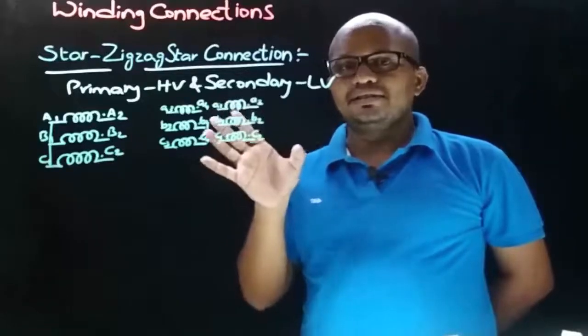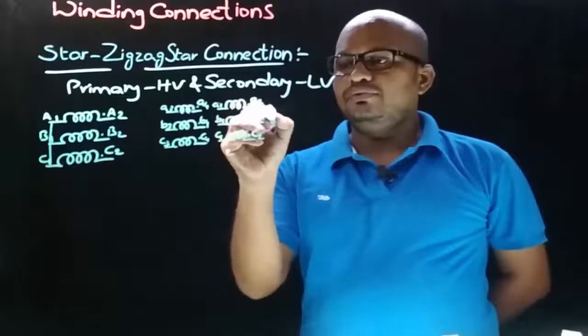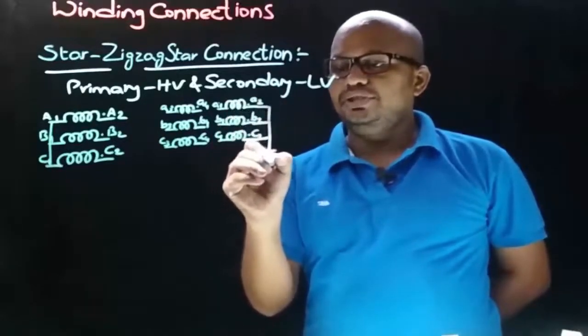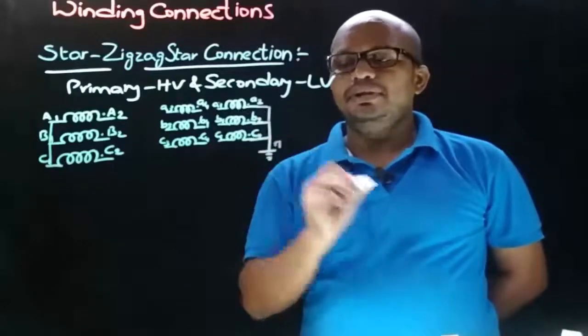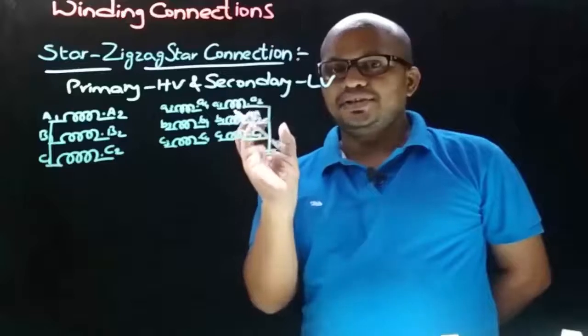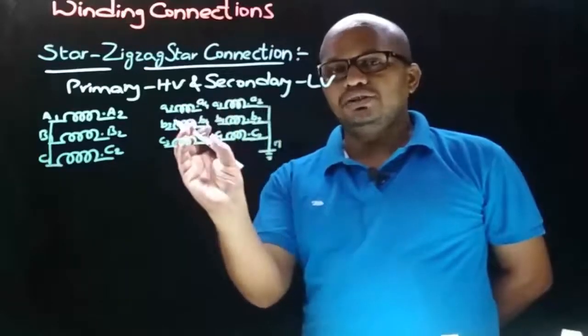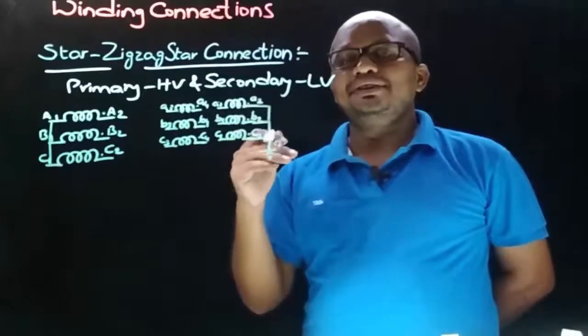Here in this case, let's join the dot ends together. So let's join the dot end terminals together and give it to the ground, and let this terminal be N. Now this star connected half section of the LV winding is to be connected to the other half section of the LV winding, such that the triple harmonics will get reduced to 0.